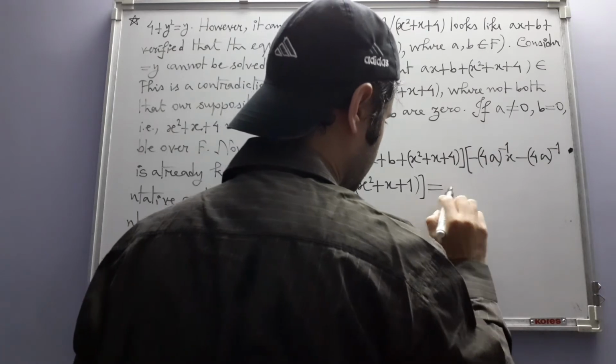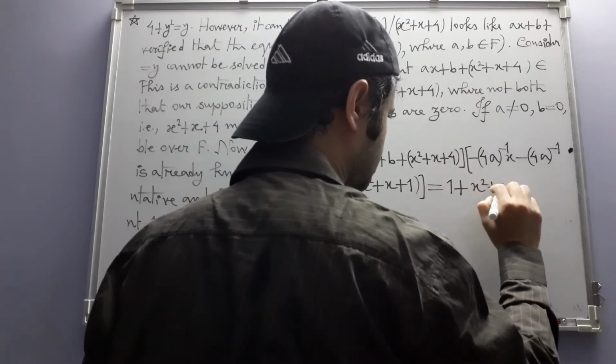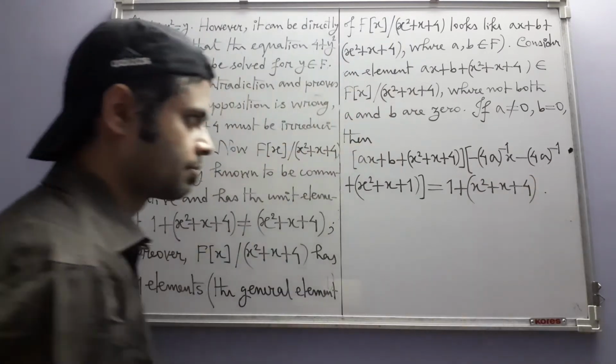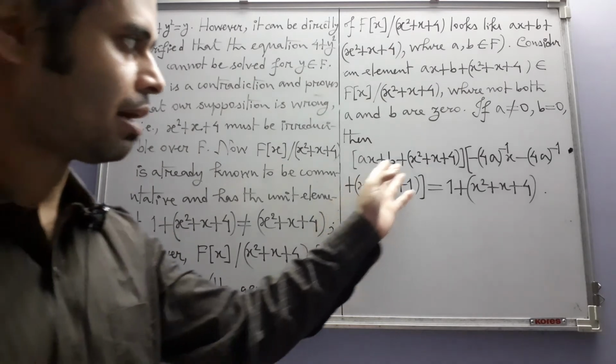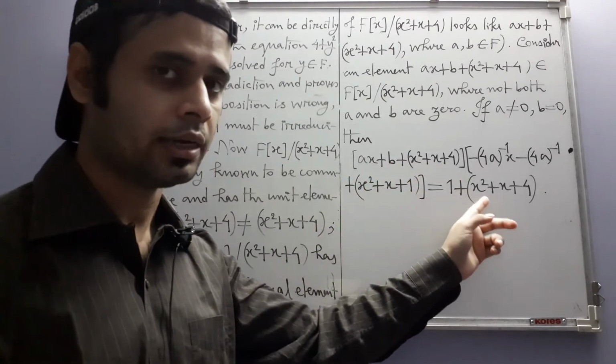This product turns out to be equal to the unit element in this ring. Again, you have to perform the calculation and convince yourself that we really get this.